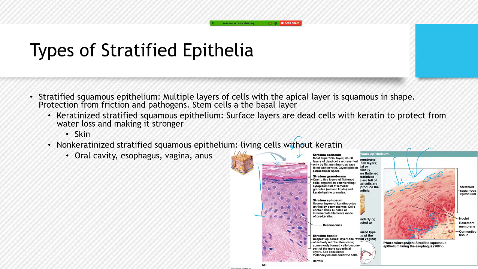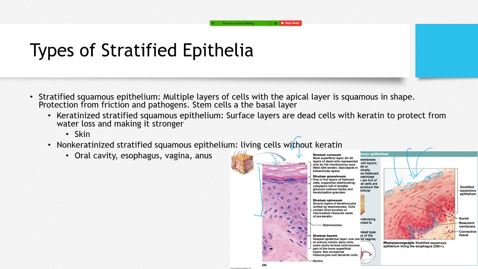Okay. So you might be thinking, it makes sense that since we have skin, it's to protect us from abrasion or friction and stuff like that. But why would we need to protect from friction or abrasion in the oral cavity or the esophagus? What might cause those abrasions or friction in your oral cavity?